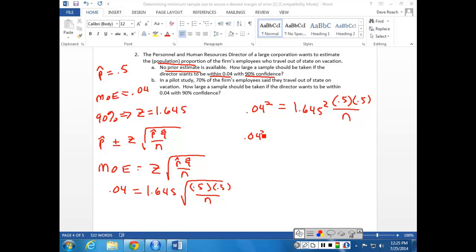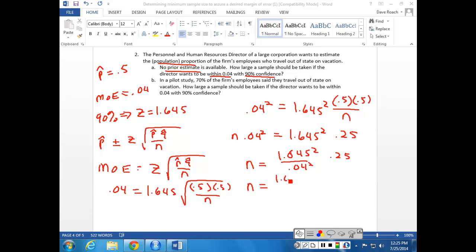Multiply both sides by N. I am going to go ahead and multiply the 0.5 and the 0.5 there. Divide each side by 0.04 squared. You don't have to do this next step, you could just solve that.